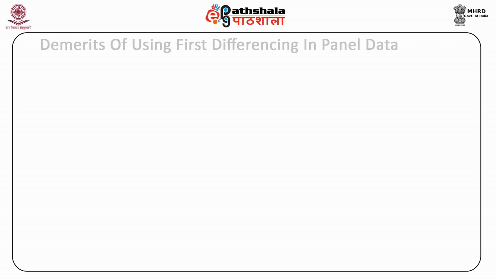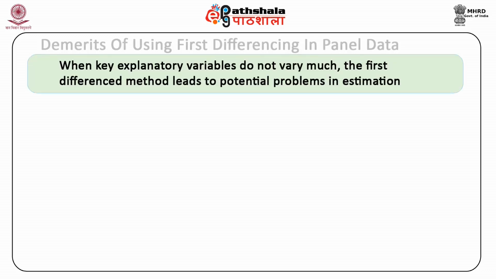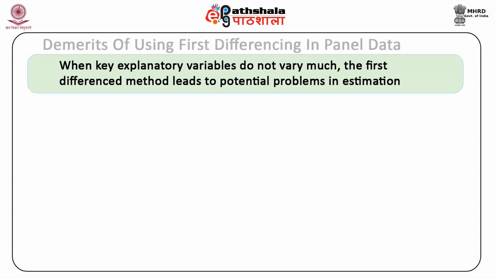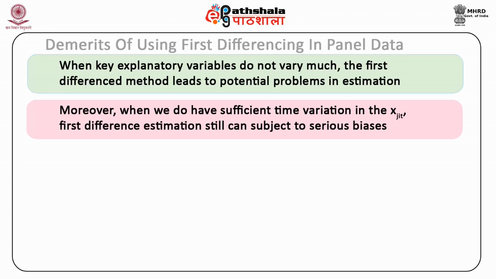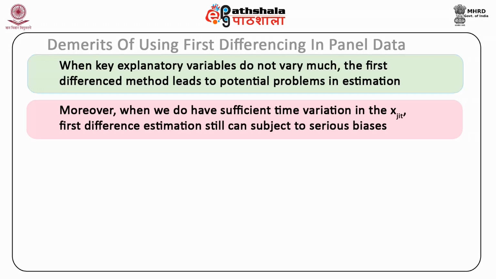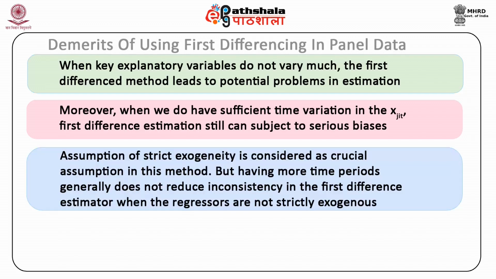The first difficulty is when key explanatory variables do not vary much, the first difference method leads to potential problems in estimation. Moreover, when we do have sufficient time variation in the x_jit, first difference estimation still can be subject to serious biases. Assumption of the strict exogeneity is considered as crucial assumption in this method.